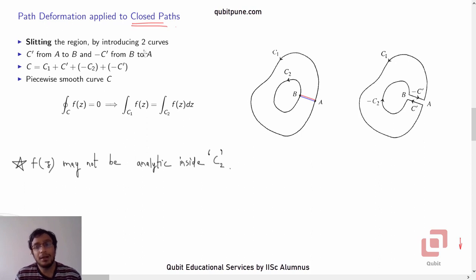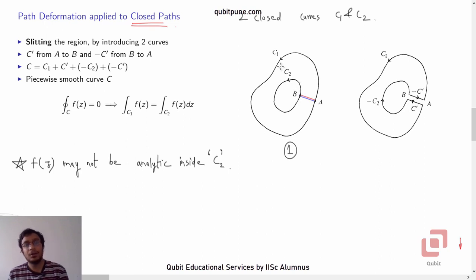And for this we are going to consider two closed curves, C1 and C2. C1 is the outer curve that you can see in figure 1 and C2 is the inner curve.